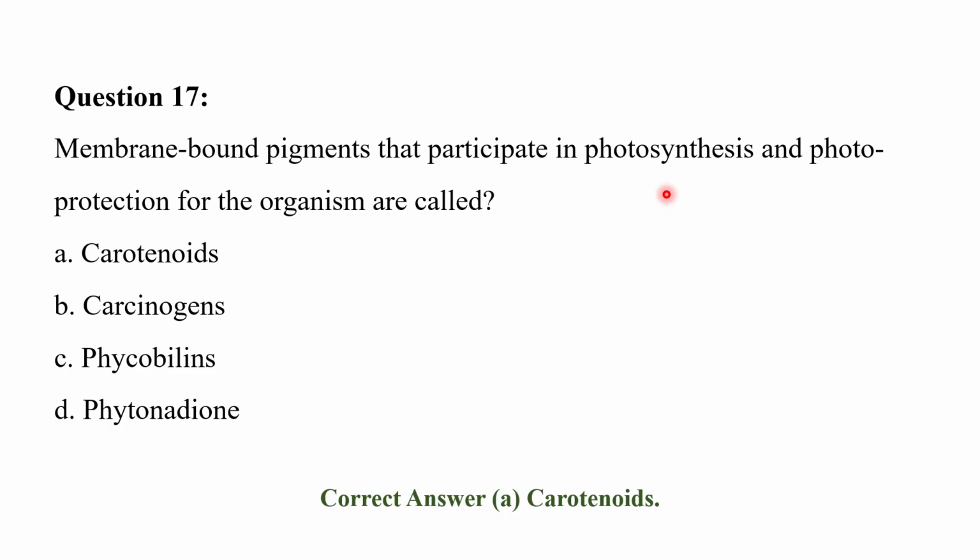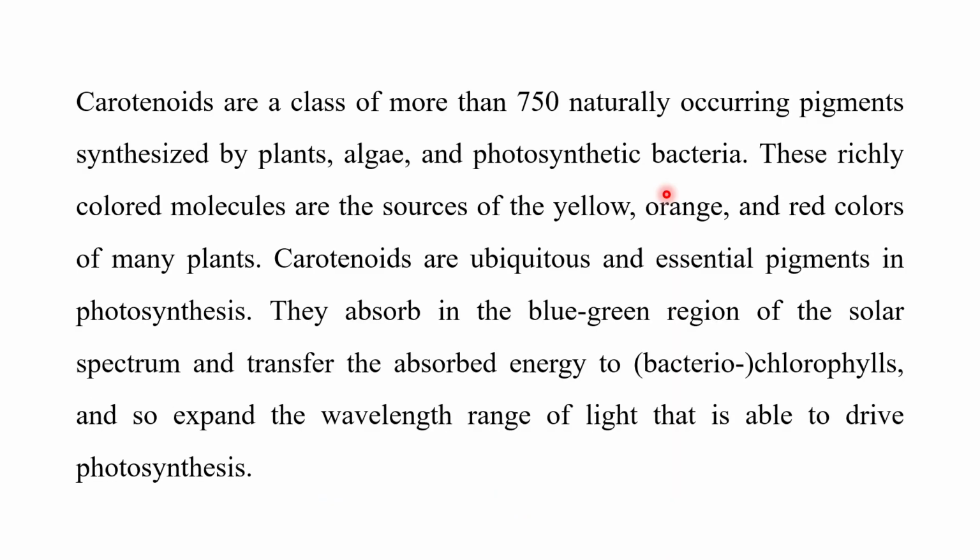Phycobilins are also pigments that are present, and they do participate in photosynthesis, but the photoprotection of the organisms is carried out by carotenoids. Carotenoids are a class of more than 750 naturally occurring pigments synthesized by plants, algae, and photosynthetic bacteria.